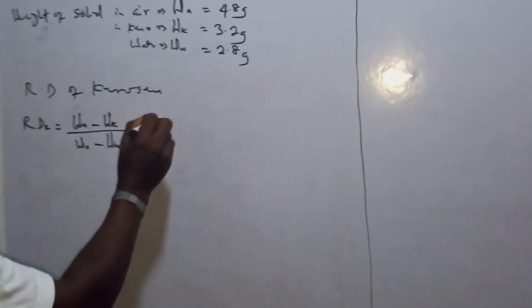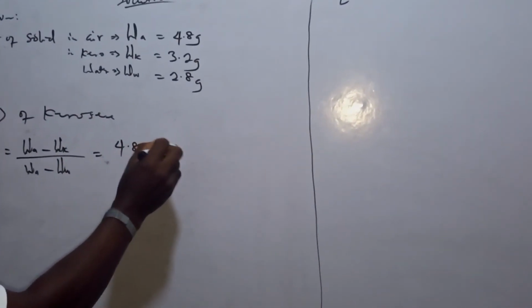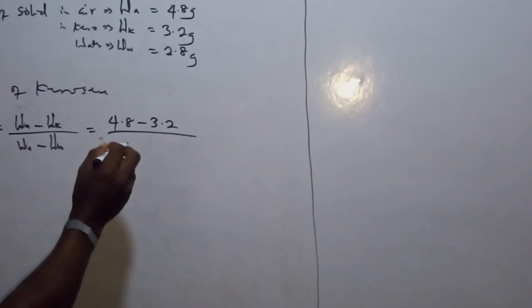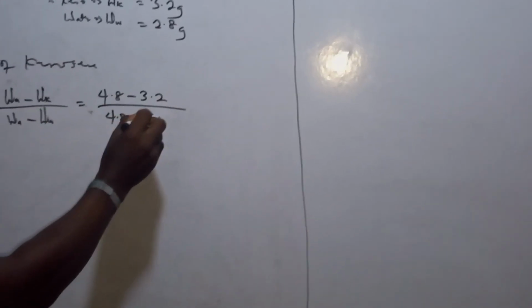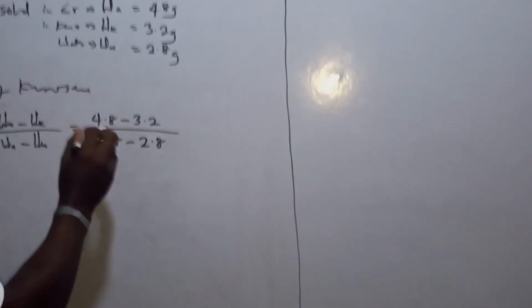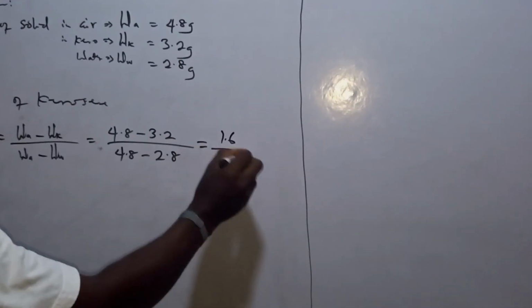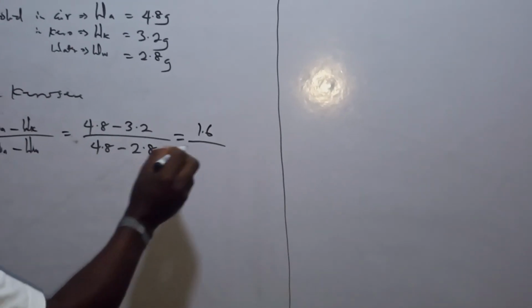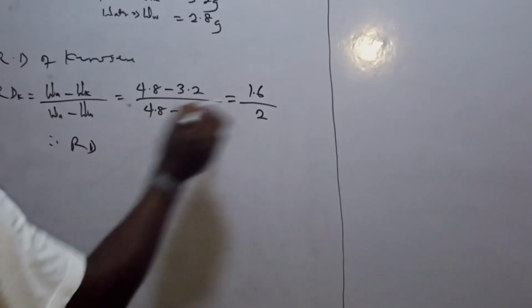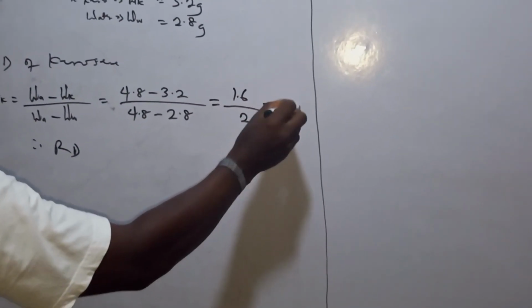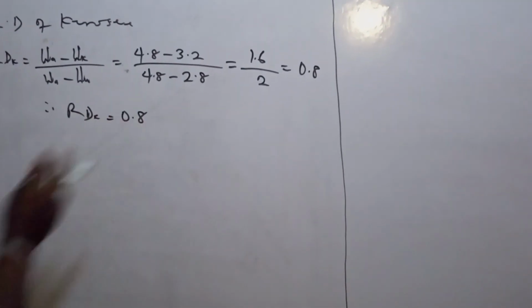This is 4.8 minus 3.2, which is 1.6, over 4.8 minus 2.8, which is 2. Therefore, relative density of kerosene is 0.8.